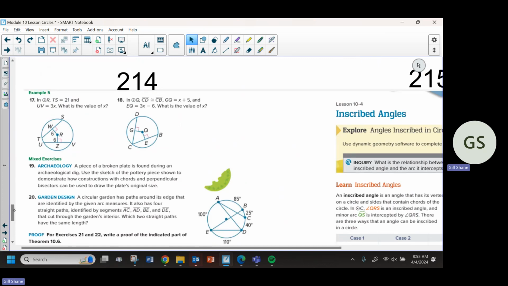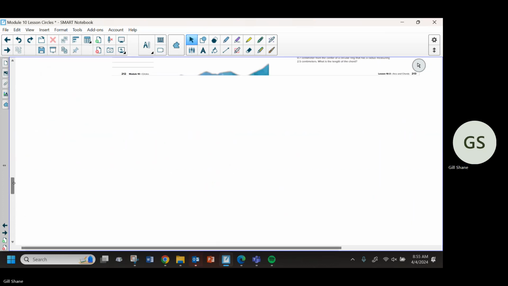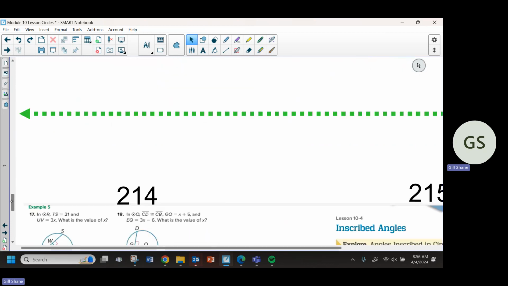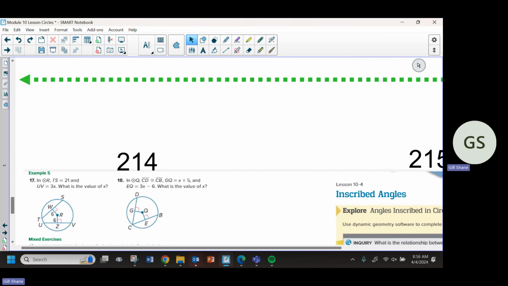Oh, you're right, 13, 14, 15, 16. And then on the other page, 214, just 17 and 18. So basically 1 through 18 on 2 different pages. And that'll be everything for your quiz on Monday.